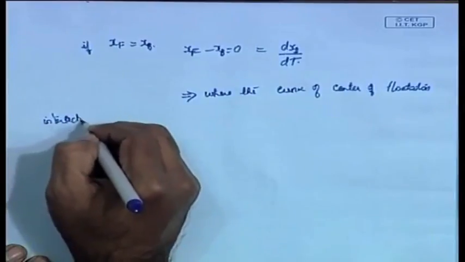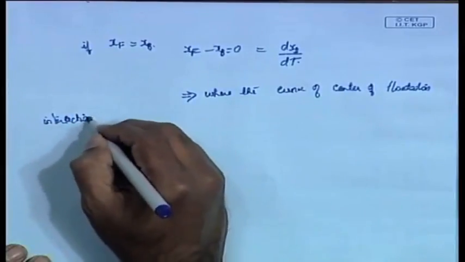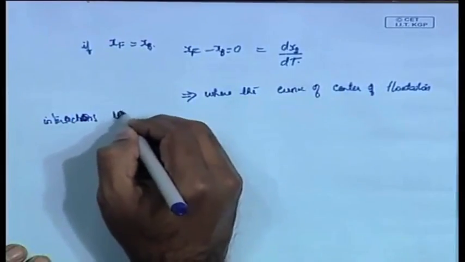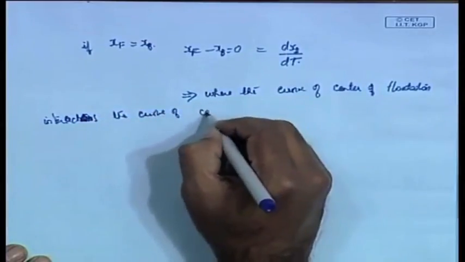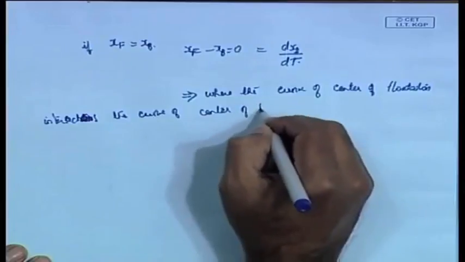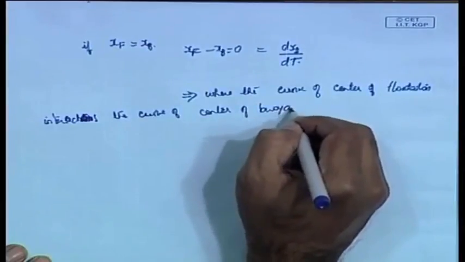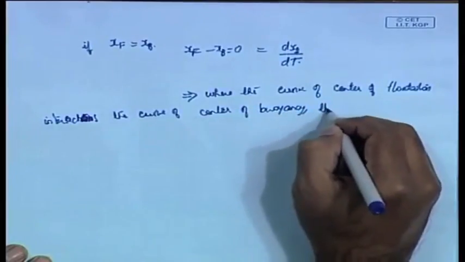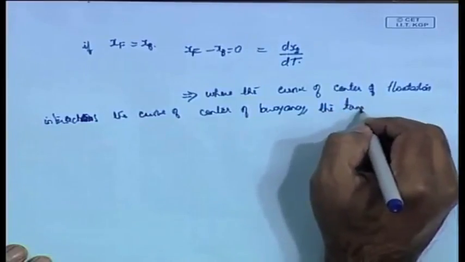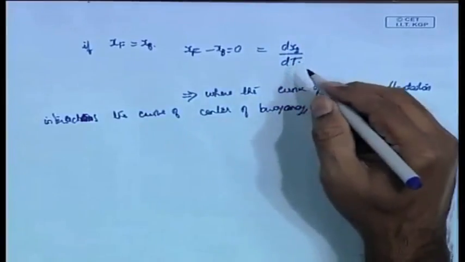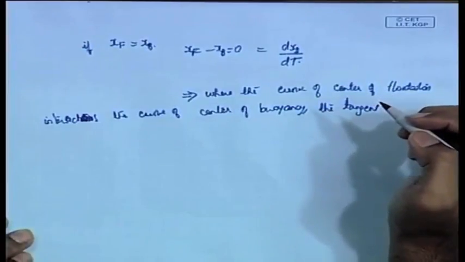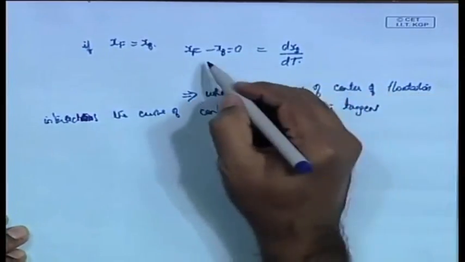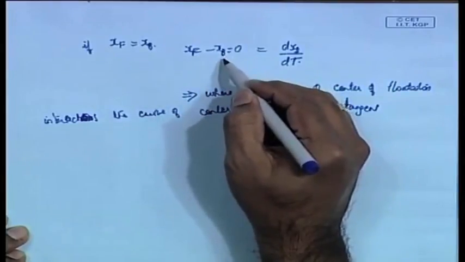This is a very important thing. What that implies is that if the curve of the center of flotation intersects the curve of the center of buoyancy, then x f is equal to x b at that point.